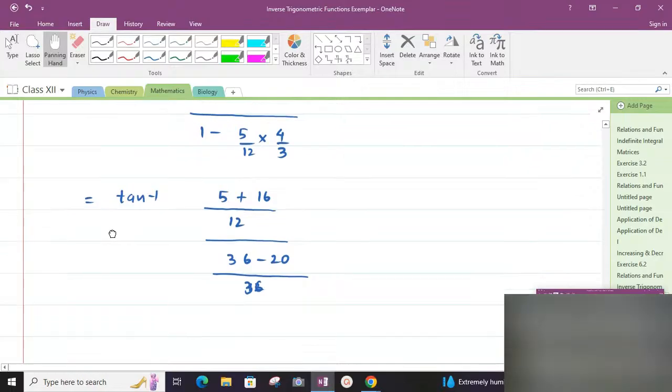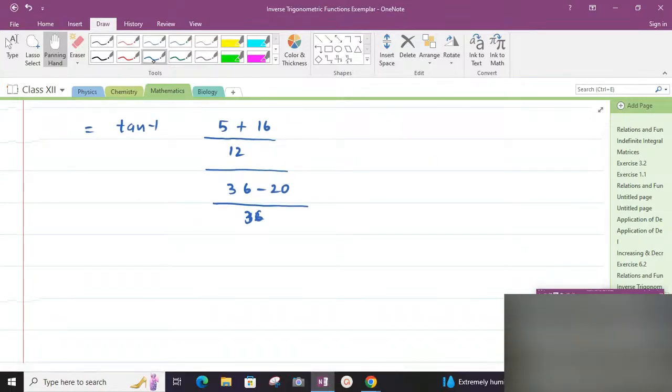So the next step we write down is equal to tan inverse, and 5 plus 16 equals 21 by 12, into 36 over the subtraction of this, which will be 16. Hope there is no problem understanding up to this step.